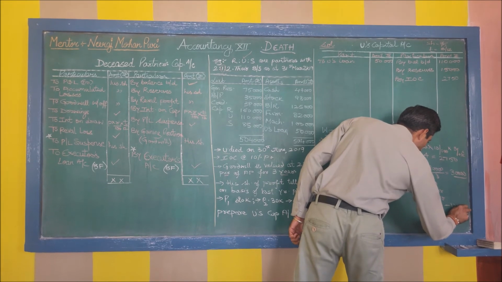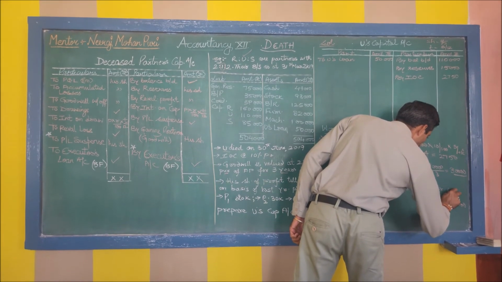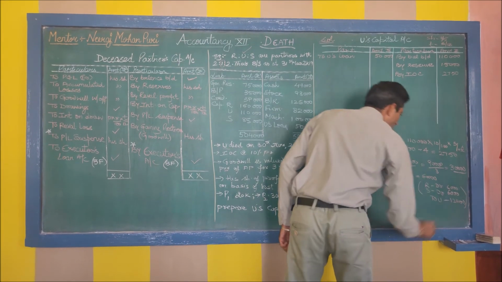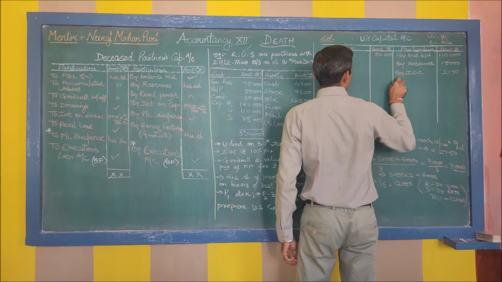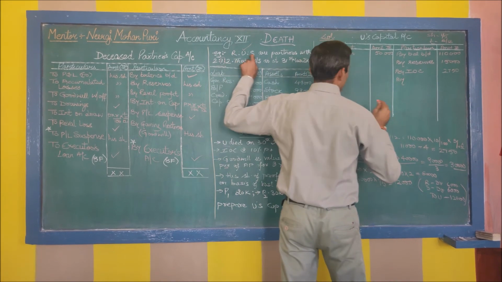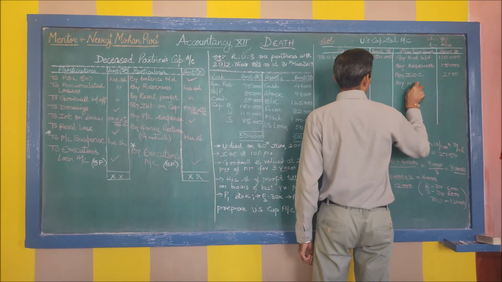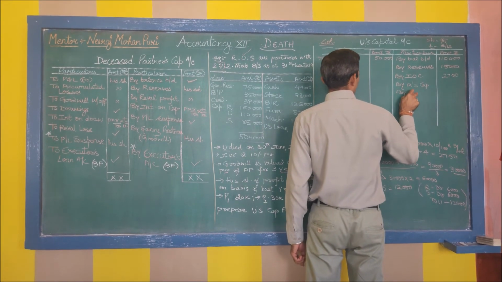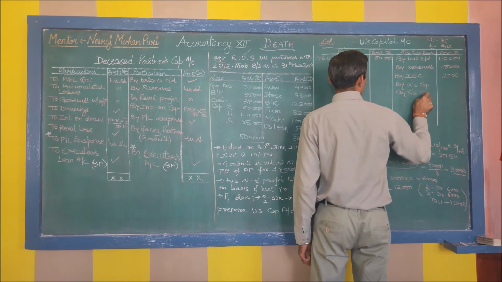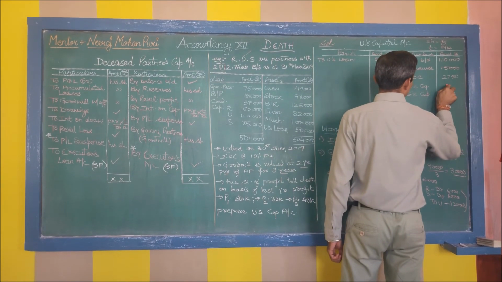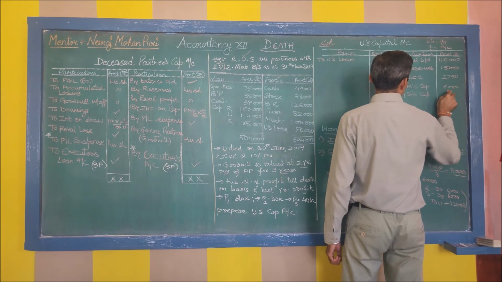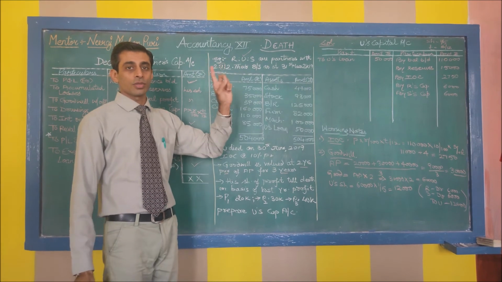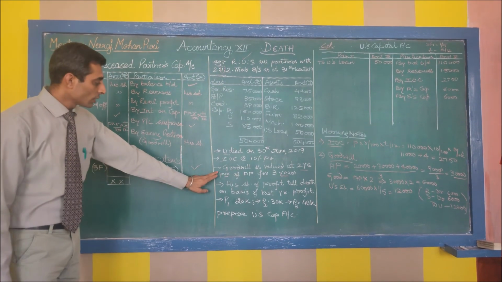This 12,000 will be equally distributed, 6,000 each. From here we have to transfer it to the ledger account. This will be written as by R, by S. By R capital account, by S capital account, 6,000 each. Make sure we do not transfer this on this side because this is only a single partner's capital account. Our this adjustment is done.